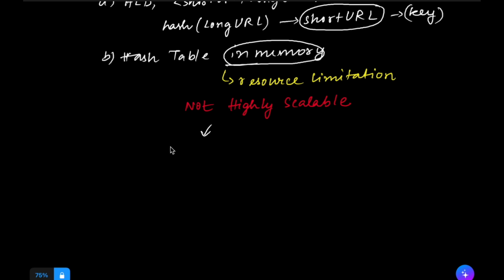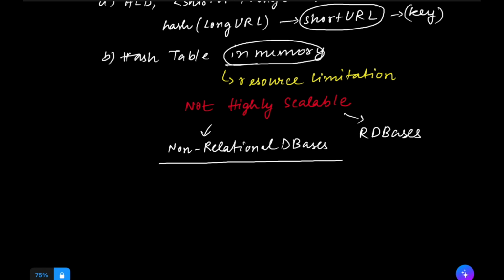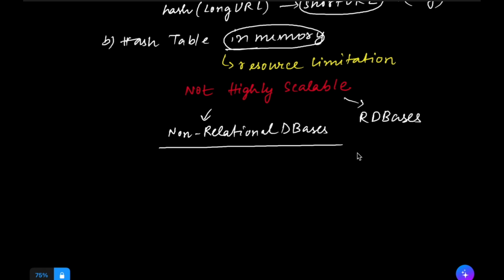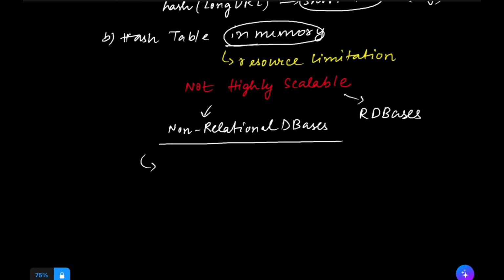So we can choose non-relational databases or relational databases depending on your use case. In non-relational databases, examples are maybe Cassandra or DynamoDB or Redis, which is an in-memory cache.